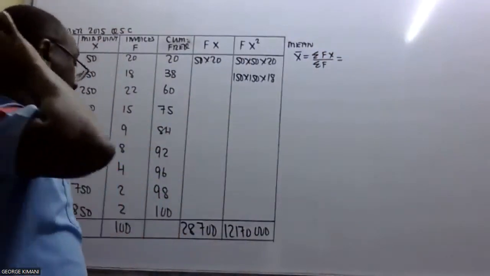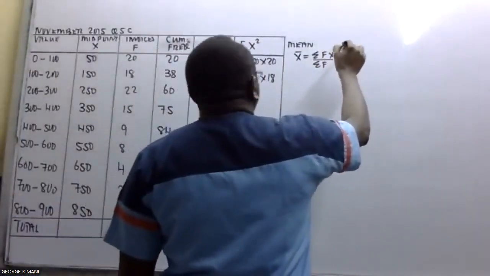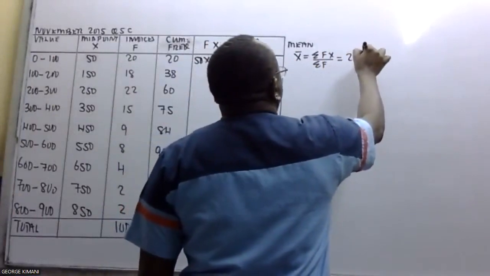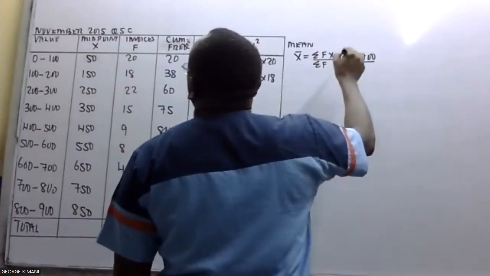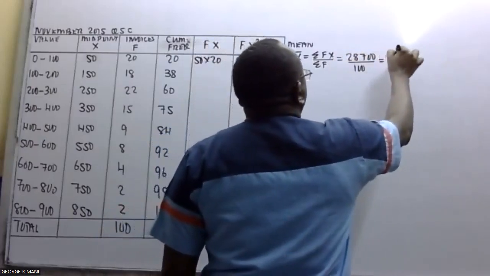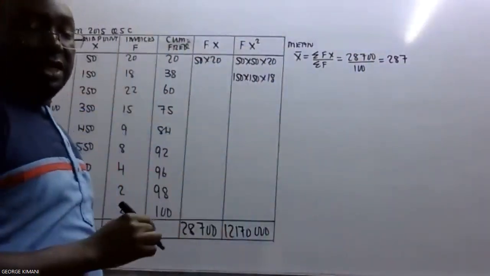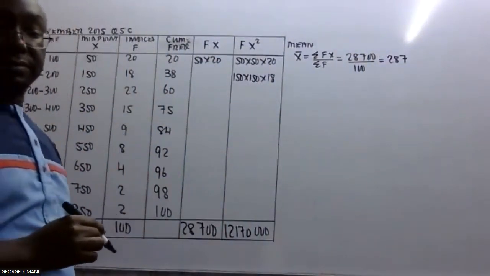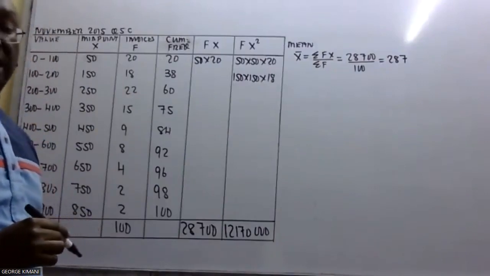So the mean is going to be given as 28,700. You divide by the frequency, which is 100. So that gives us a mean of 287.